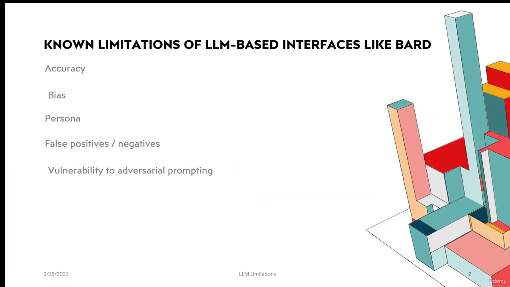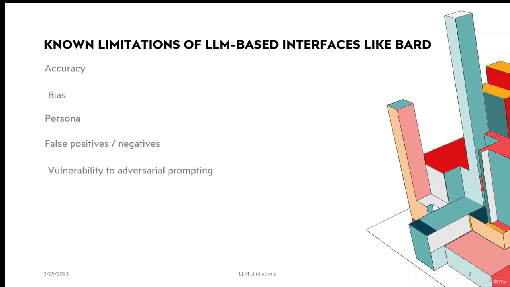So again, to repeat, accuracy is nothing but some responses might be inaccurate, especially when asked about factual or complex topics. So if you ask it about some complex programming function, currently it might not give you the right answer. And bias. When we talk about bias, BARD responses might reflect biases and perspectives present in its training data.